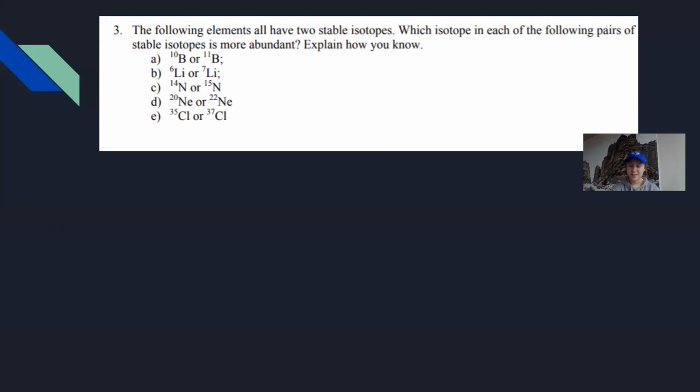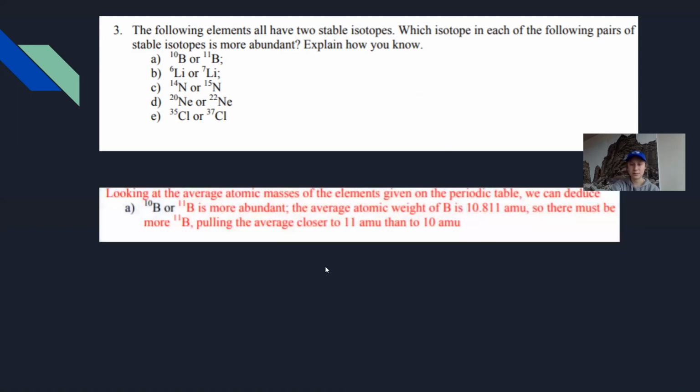Neon is 20.18, so neon 20 is going to be more common. Chlorine is 35.45, and that is closer to 35 than 37. So 35 should be more abundant.